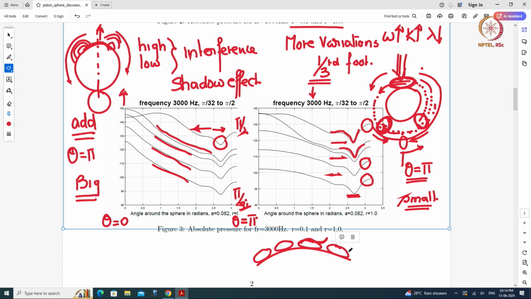Whereas earlier the whole radiator was looking like a monopole, a short range, small size radiator. Now as the lambda has come down, the A has started to look comparable or bigger than the lambda, so that there will be local cancellations even on the radiator surface.